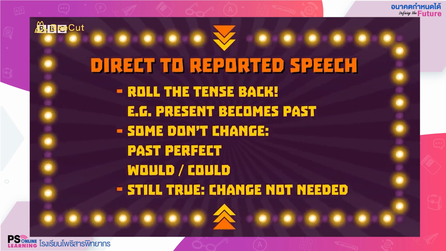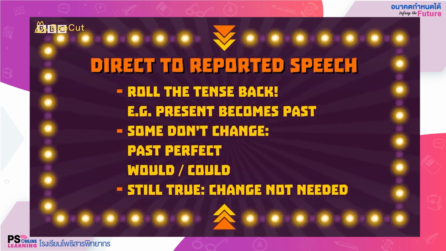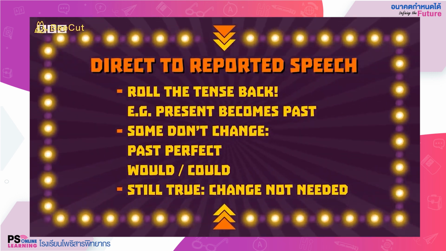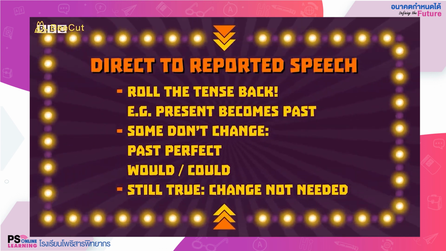Firstly, some tenses and verb types don't change, such as the past perfect and verbs like would and could. Secondly, if something which was said is still true at the time of reporting, no tense change is necessary. This is also true if the reporting verb say or tell is in the present tense.